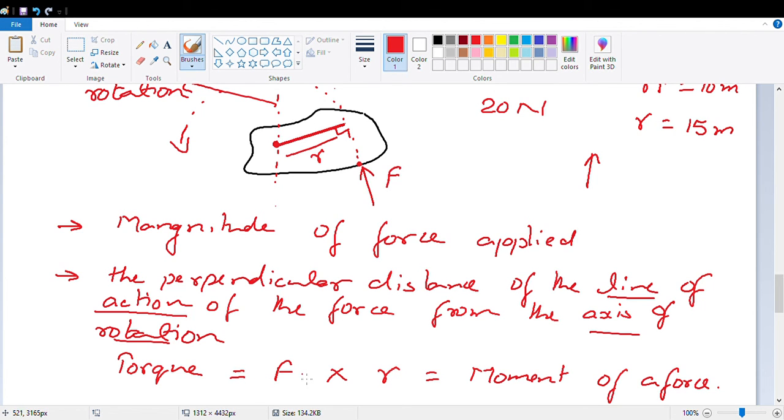So the new term we learned today is torque, and torque is the product of force and the perpendicular distance of the line of action of the force to the axis of rotation.